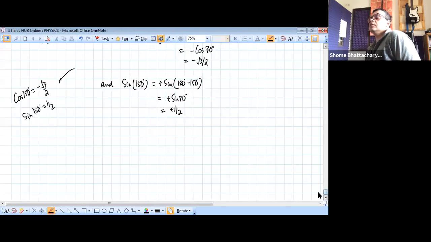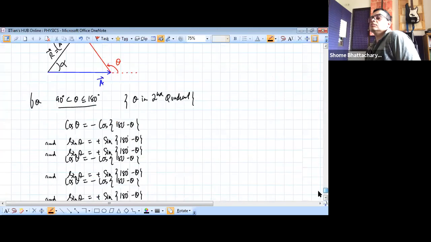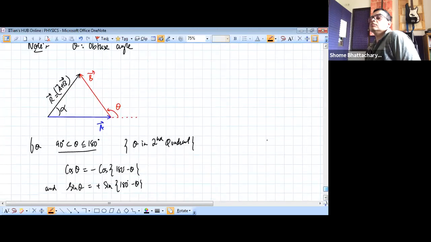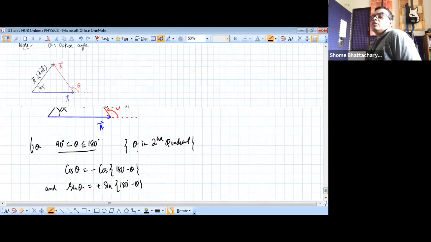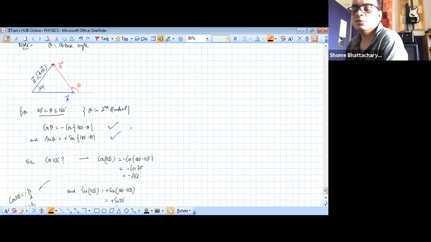So as I told you, don't worry about where this formula has come from right now. Okay, we will discuss its logic when we discuss components in vectors also. Plus in trigonometry and maths, you will be learning more about this. It's called trigonometry in 4 quadrants.